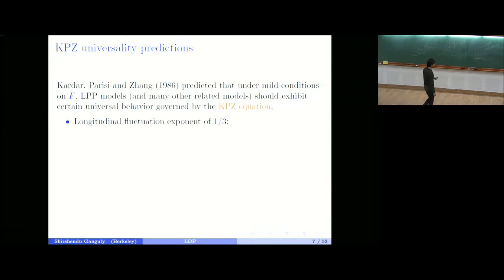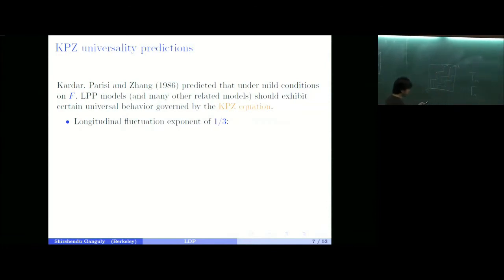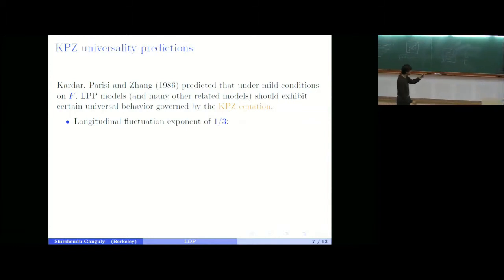So again, there are two quantities, Tn and gamma n. Tn is the real number, the length of the path, and gamma n is the path itself. The prediction is that the variance of Tn is like n to the 2/3, so the fluctuation should be n to the 1/3. That's the longitudinal fluctuation exponent.